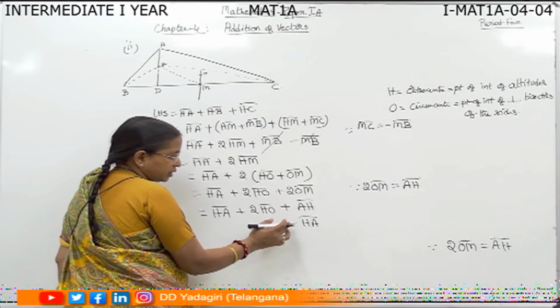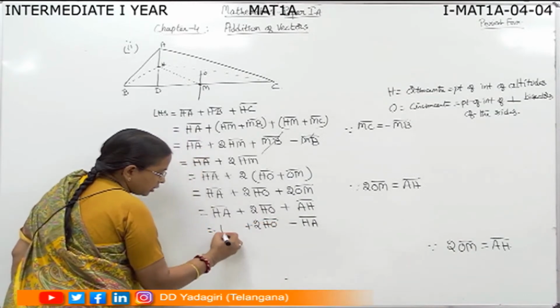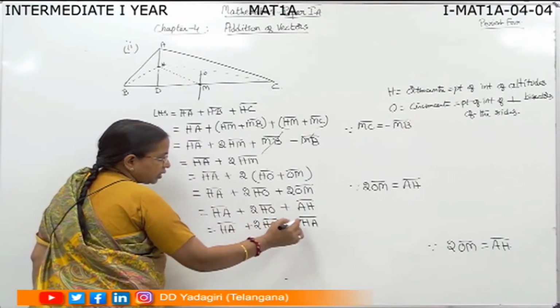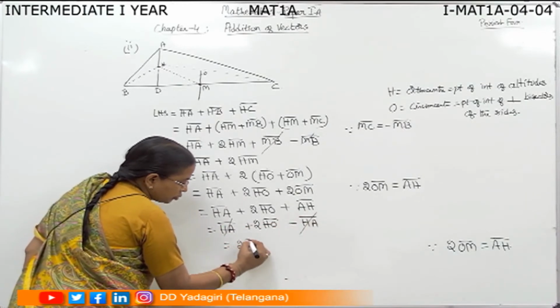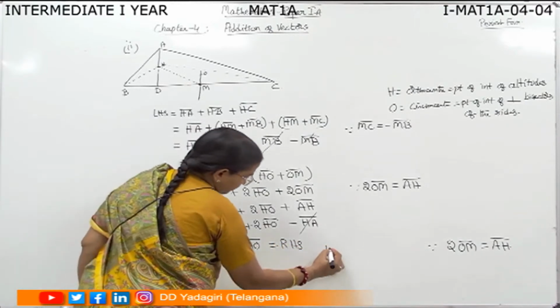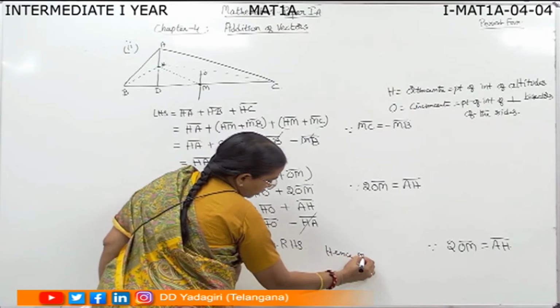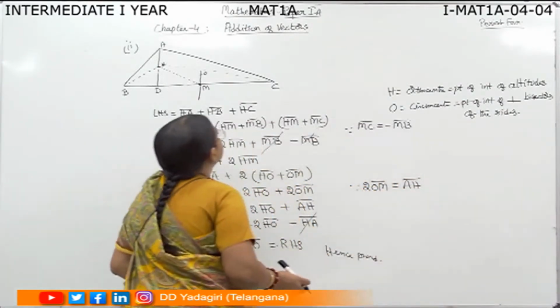So 2 times HO as it is, and HA as it is. So HA and HA will get cancelled, and it is equal to 2 times HO, which is the right hand side. Hence it is proved. So like this, we do this problem.